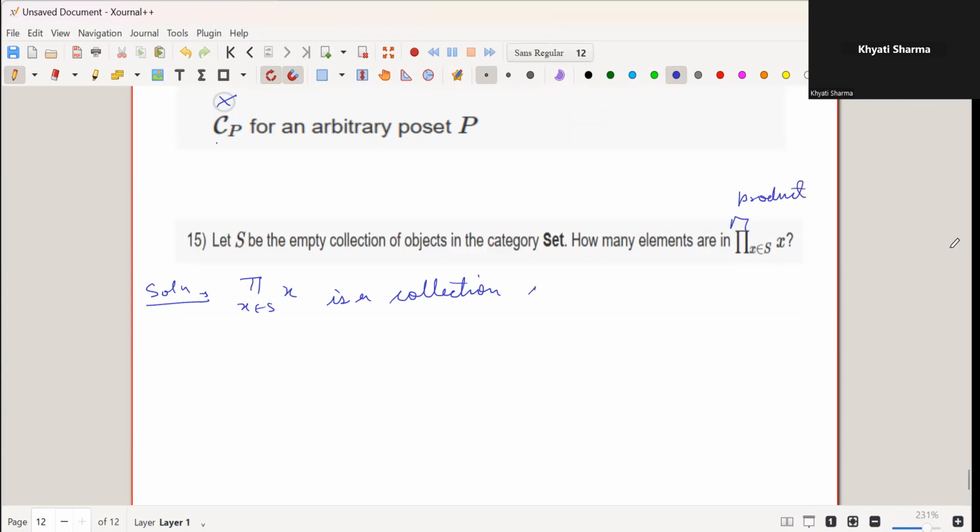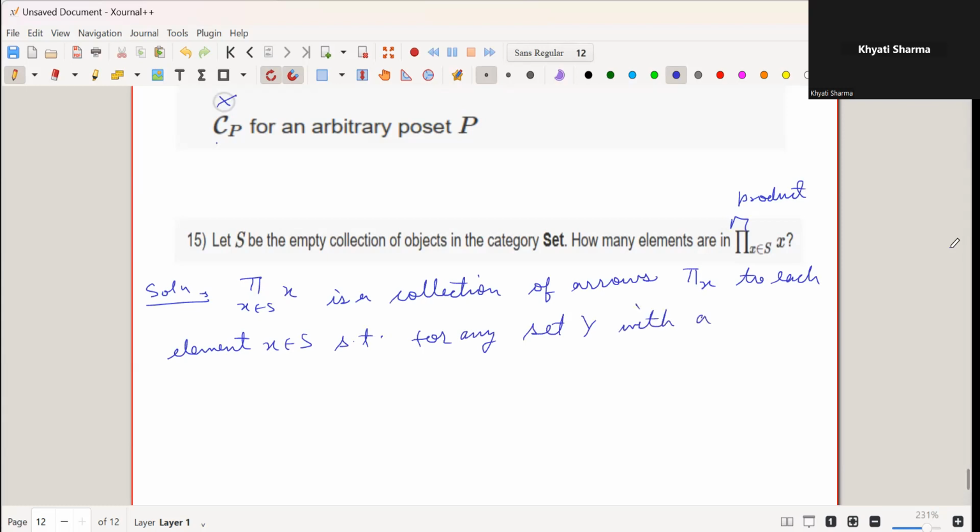This is a collection of arrows pi_x to each element x belonging to S, such that for any set y with a collection of arrows, there exists a unique arrow from y to x, right? This is what the definition of product says.